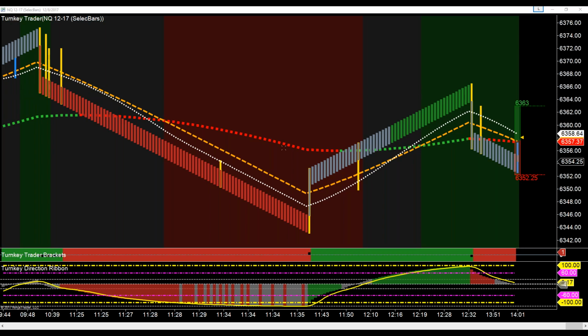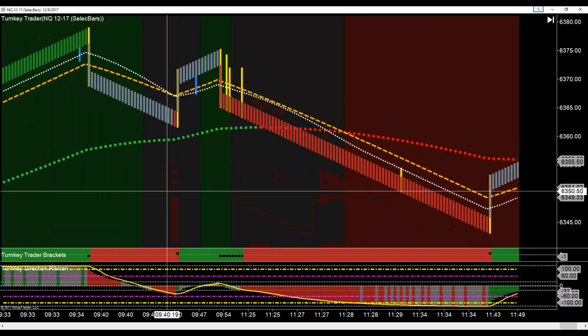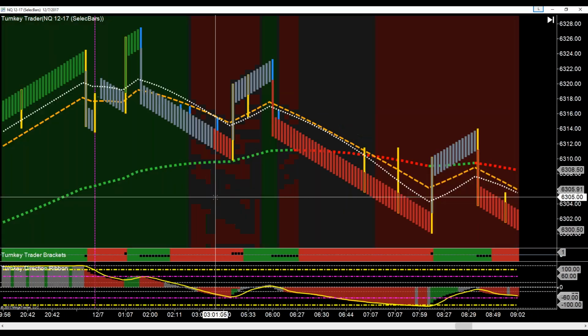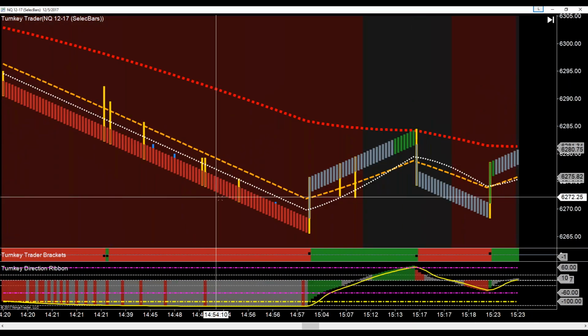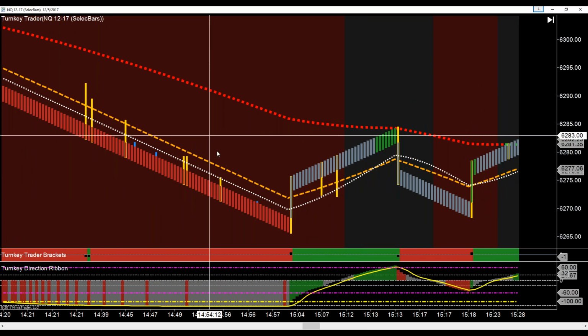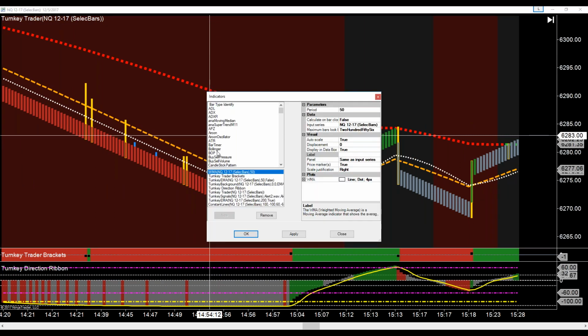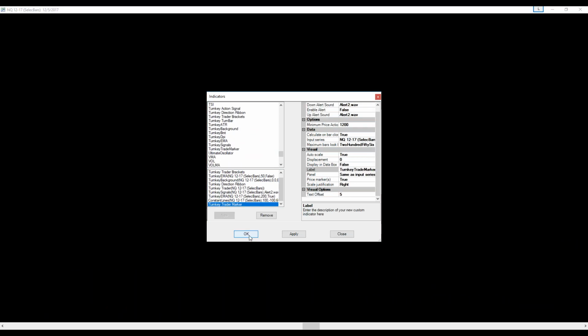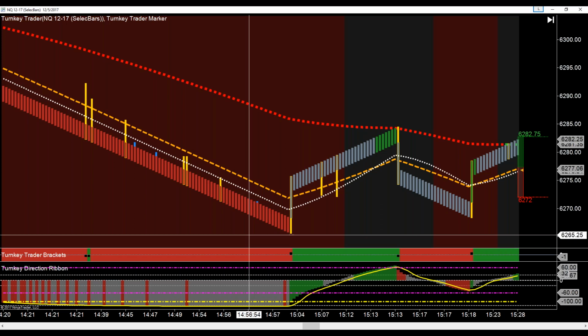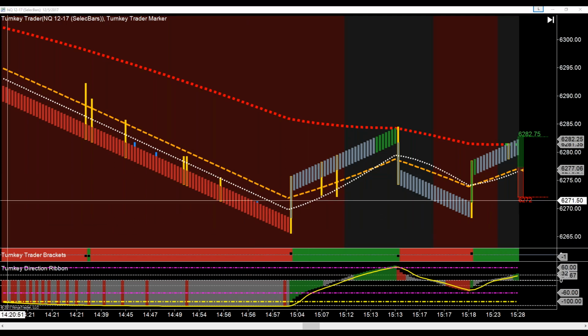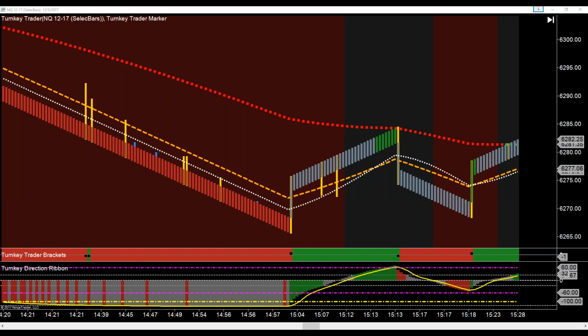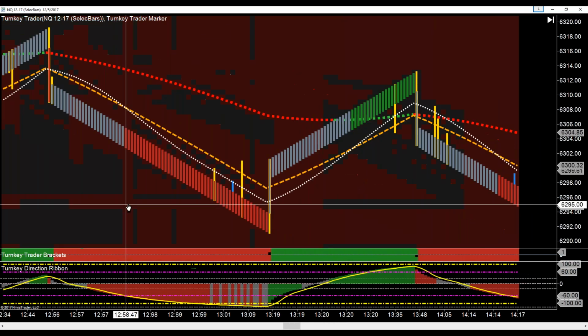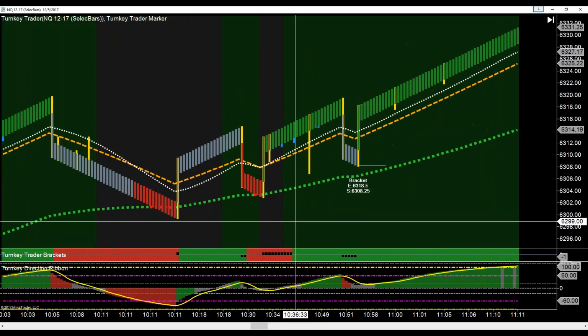Ralph did send some screenshots with his questions. The first one refers to December 5th, I believe. Let me pop my trade marker on so we can follow along with what he sent in.